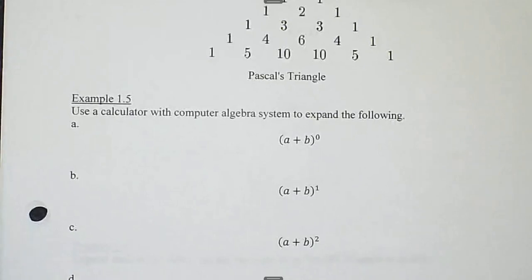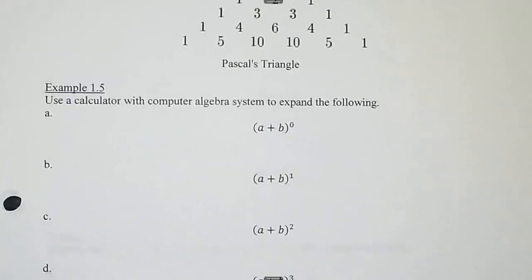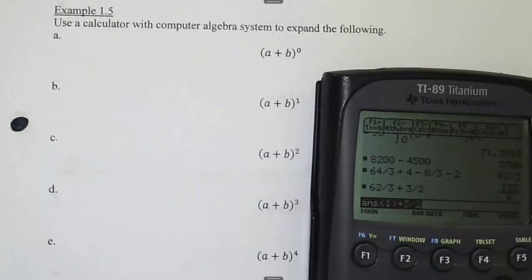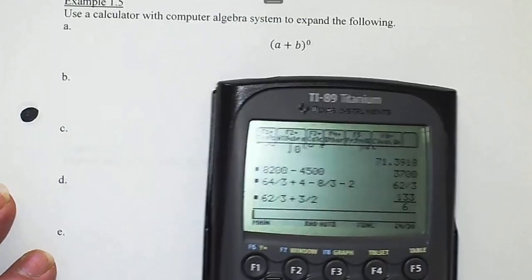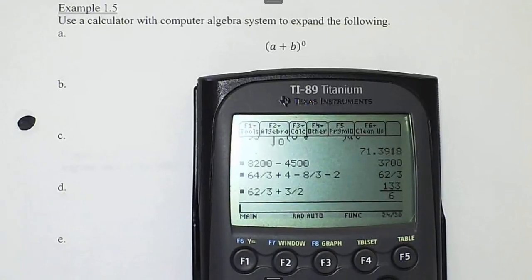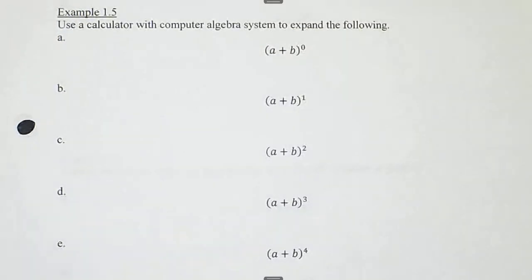Anyway, so we're going to use a calculator, which you probably don't have since I never issued them this year because, well, you know why. But we're going to do this together. We could do this with a website though. There's plenty of websites you can go to that will expand it by number.